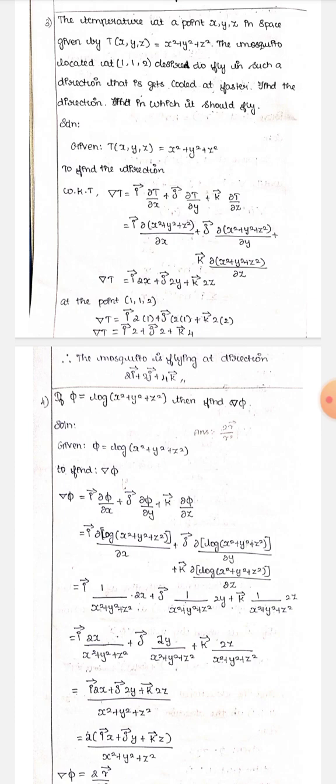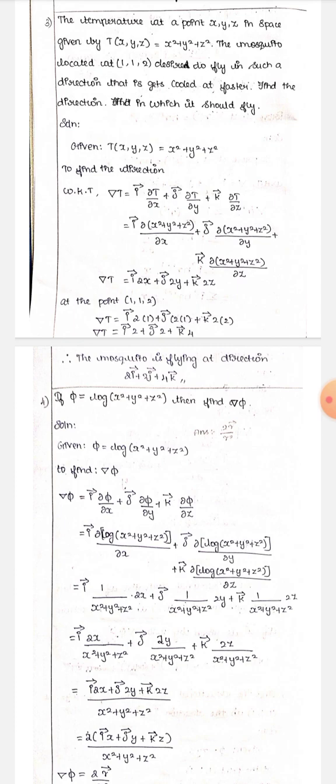That is i vector of dou of x square plus y square plus z square by dou x, j vector of dou of the same by dou y, and k vector of dou of the same by dou z.